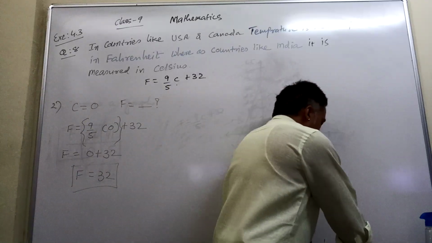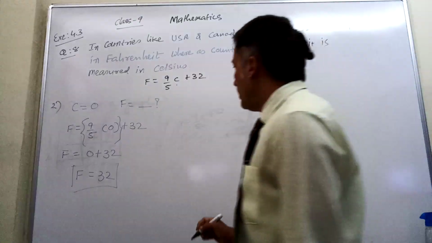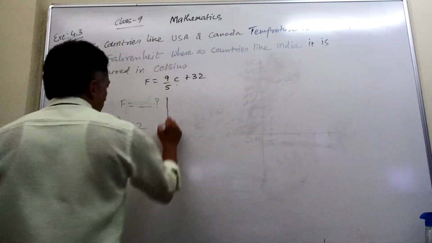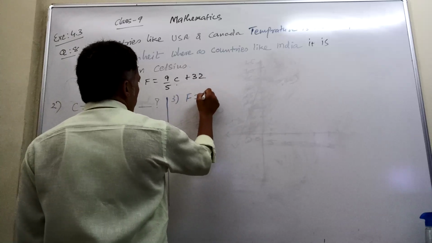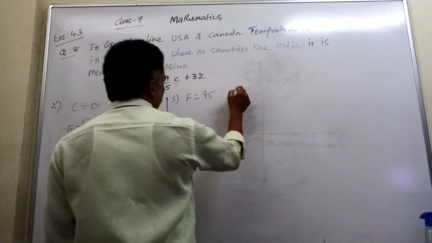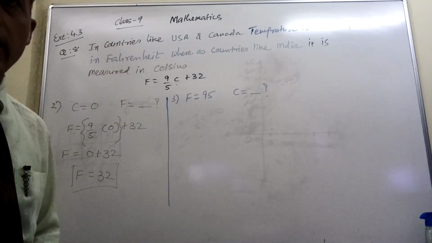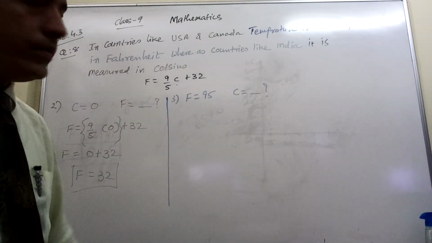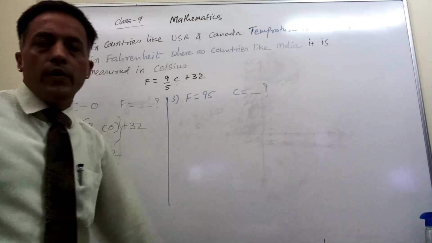My third condition, which is given, is that if F is equal to 95, then find the value of C. If the value of F is equal to 95, then what should be the value of C?